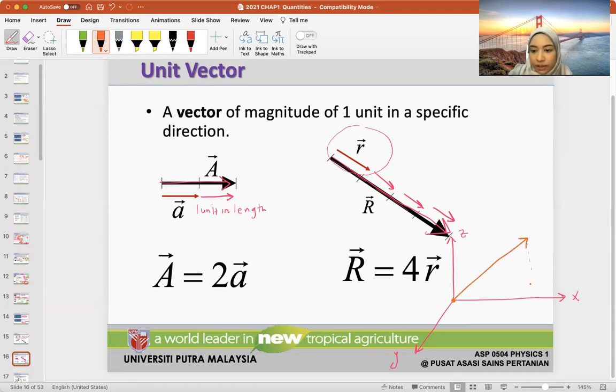It has some value in x, some value in z, and some value in y as well. Like this. So it's over here actually. It has some value in the y, some value in the x, and some value in the z.